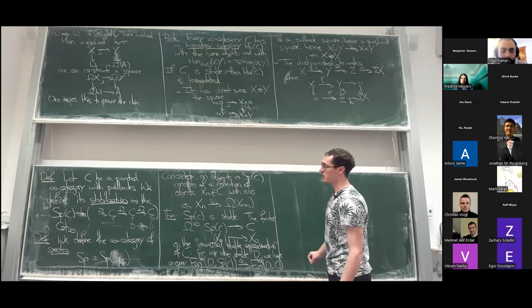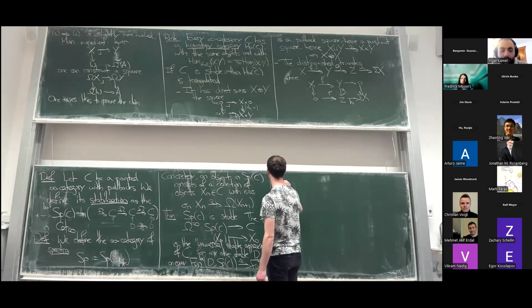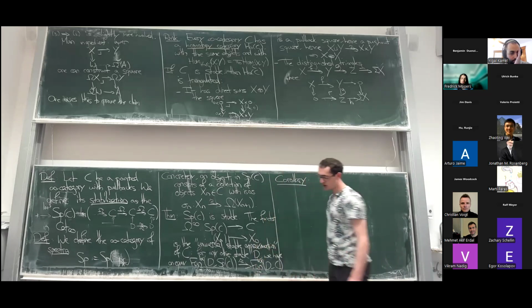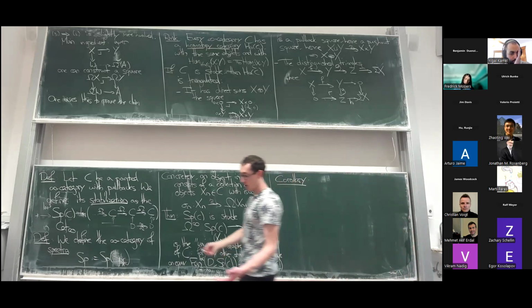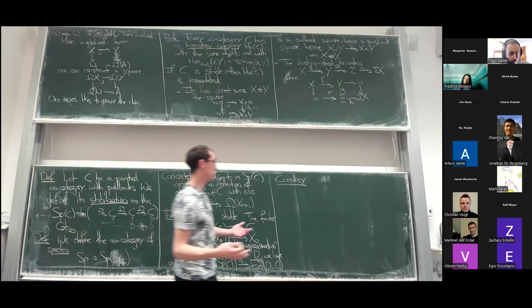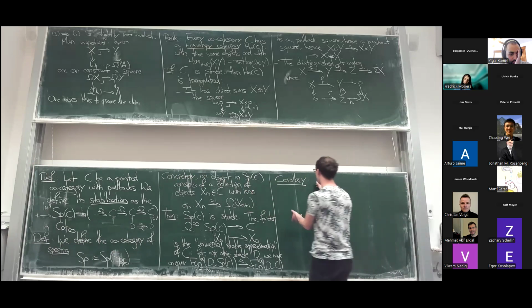A nice consequence of this is that any stable infinity category has an enrichment in the infinity category of spectra. So in the same way that in an abelian category, the Hom sets are automatically abelian groups, for every stable category the Hom spaces are automatically going to be spectra.